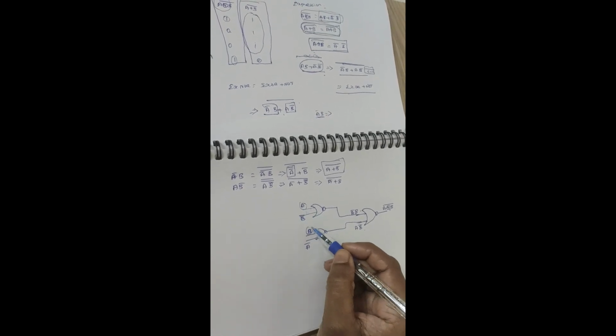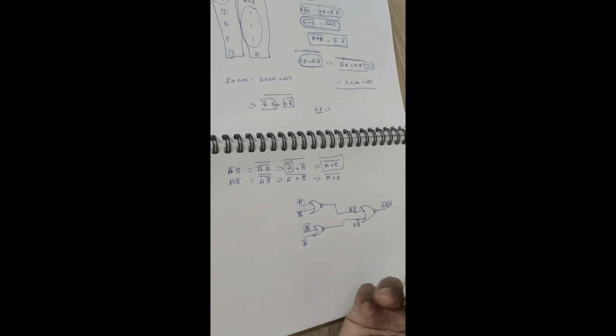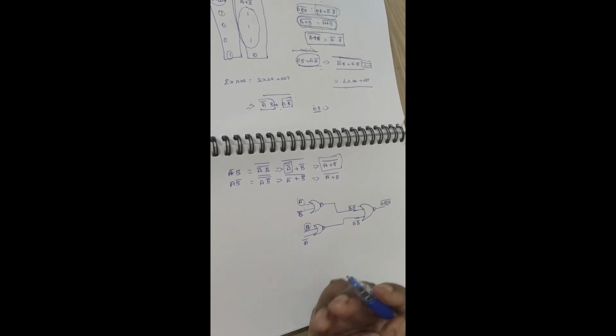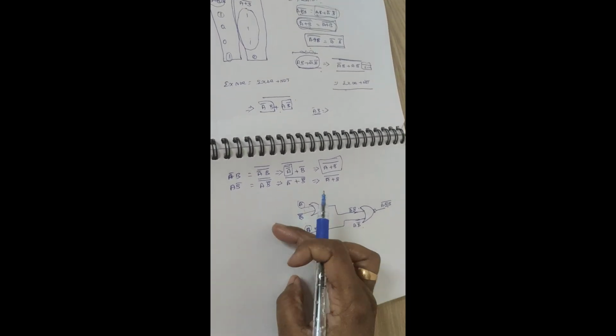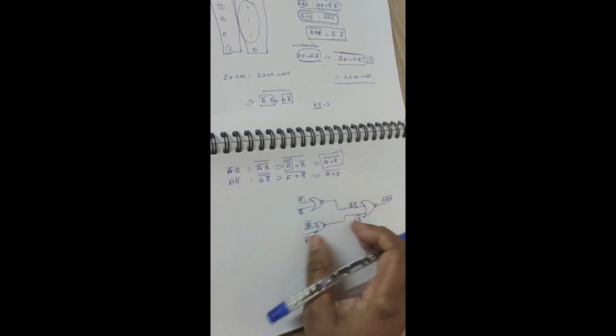A and B are the ready-made inputs, and A bar and B bar are not. If we have to make A bar and B bar using NOR gates, we need 2 extra gates: 1 gate for B bar and 1 gate for A bar, so it will be 5 gates.